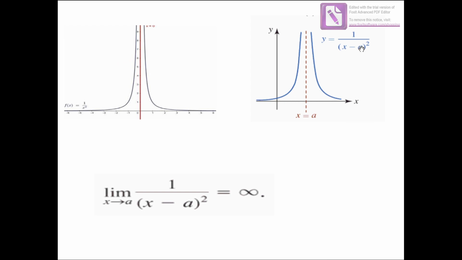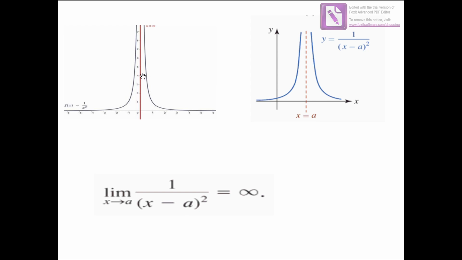And here we have the graph of 1 over (x minus a) all squared. It is the same graph, just shifted by a to the right. This function has a vertical asymptote at x equals 0, whereas this one has a vertical asymptote at x equals a.